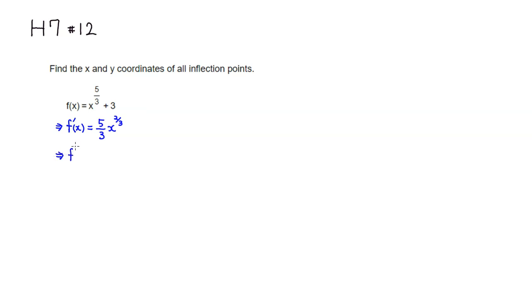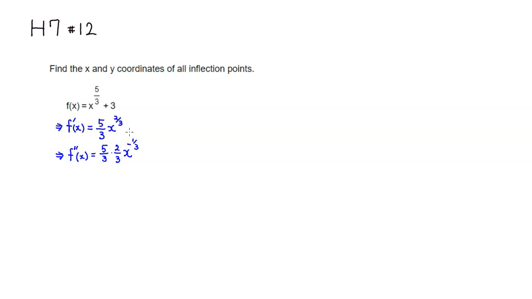So f double prime of x is equal to, I'm going to put the 5/3 in front, just a constant multiple. Power rule, so put the power in front, 2/3, x, and subtract 1 from the power, so negative 1/3.